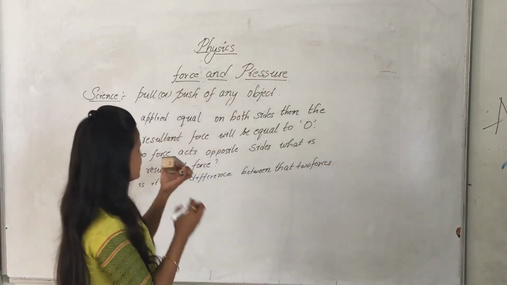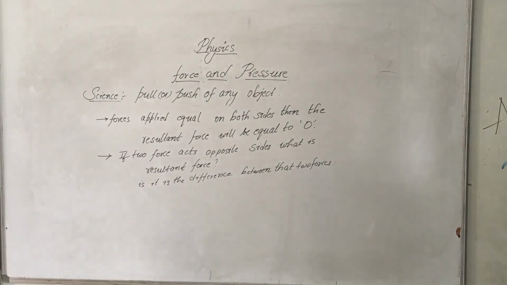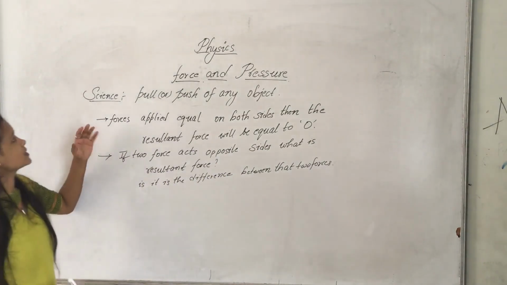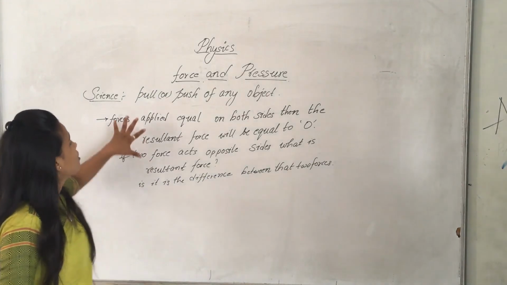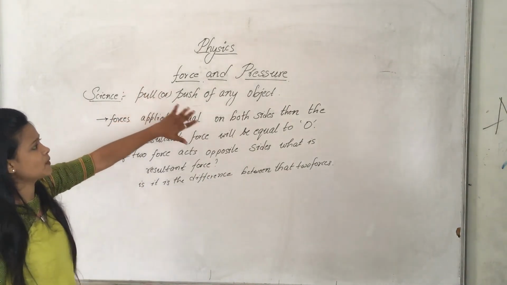You understood what are contact forces, what is interaction between two forces, what are non-contact forces, what is exploring of forces, and what is a force. So this is everything I have covered about force. Force means push or pull of any object.